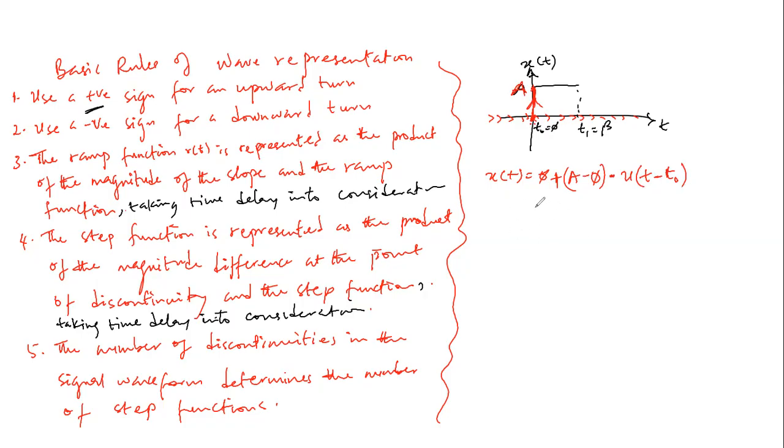When we substitute other parameters, we know that s of t is the same as A minus 0, which is A, times, use the dot, please, it's a product, okay? Product times u of t minus t naught, and t naught is 0. So this is the same as A u of t. It's that simple, okay?